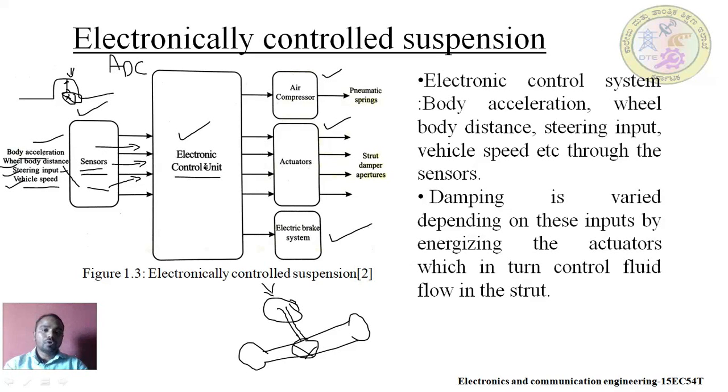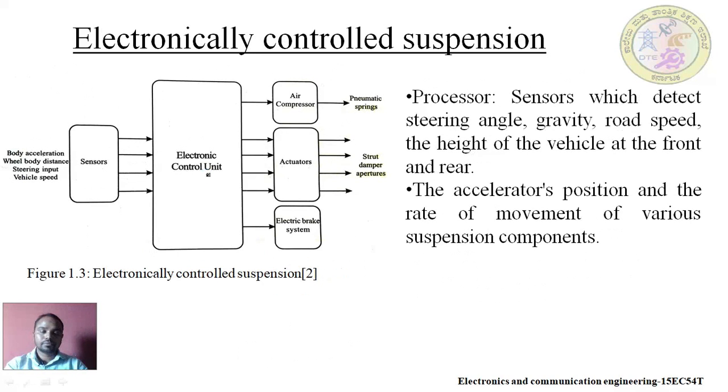Similarly, we also have the electronic control unit. The electronic control unit comprises different chips. Usually, it receives information from the input sensors, such as steering angle, gravity, road speed, and height of the vehicle, front side as well as rear side.